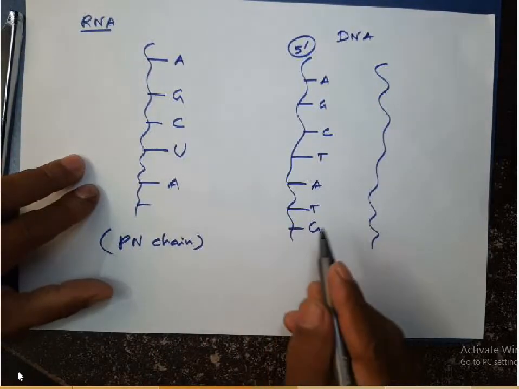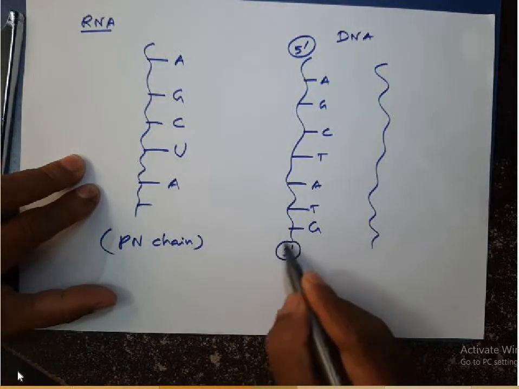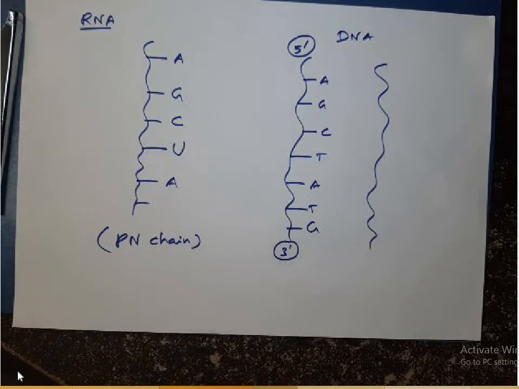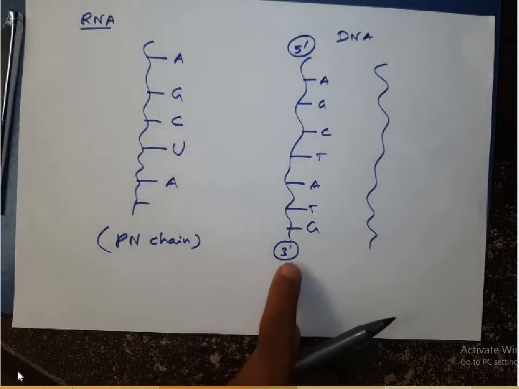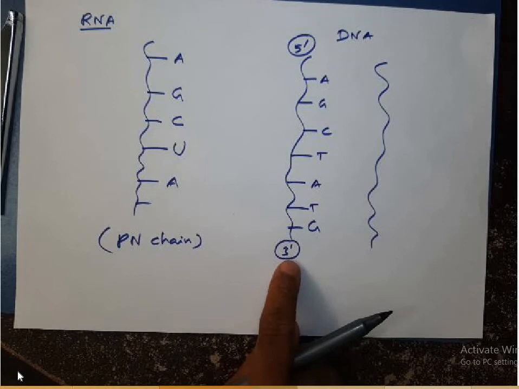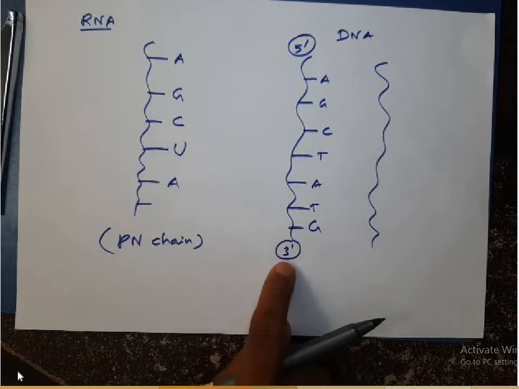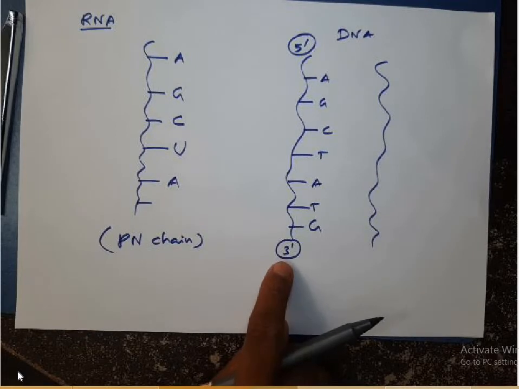And at the other end, we have a 3' OH group that is present free. When we move from one nucleotide to another, the 3' OH group will react with the next nucleotide so that the chain continues. At the terminal position, the nucleotide has a free OH group. That OH group remains as such.